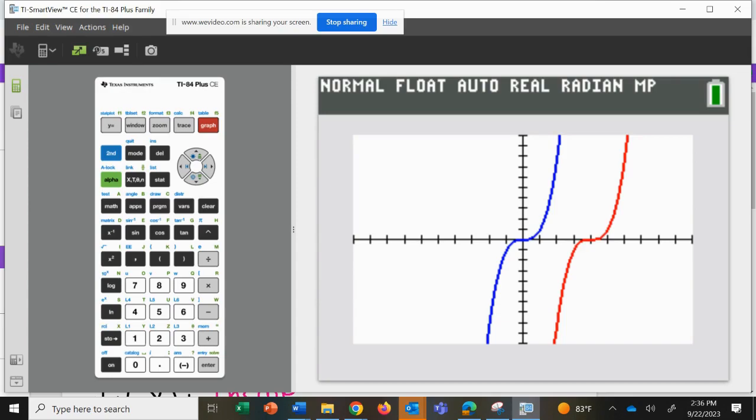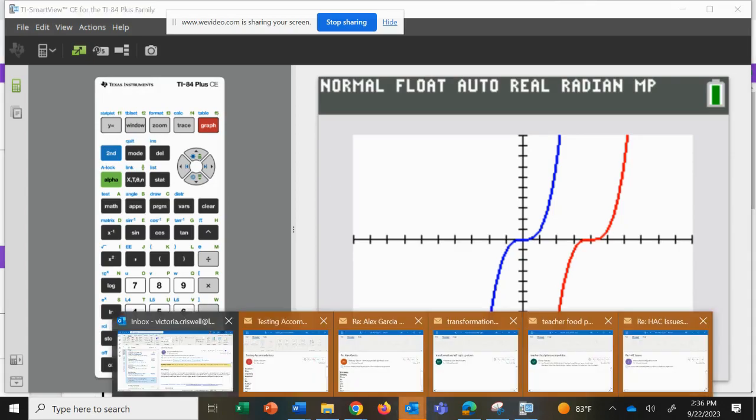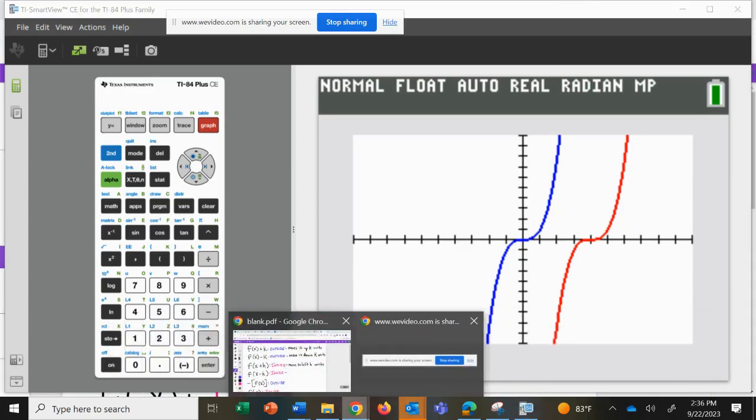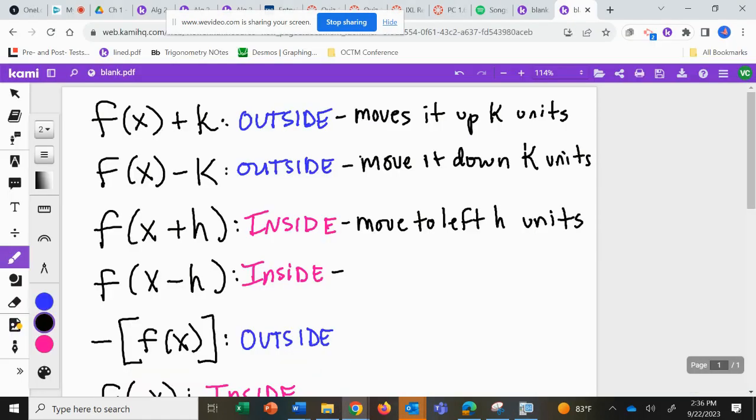The two inside ones do the opposite of what common sense would tell you. Hopefully you have something written down. I'm writing it myself right now. Inside, that's going to move to the right, H units.